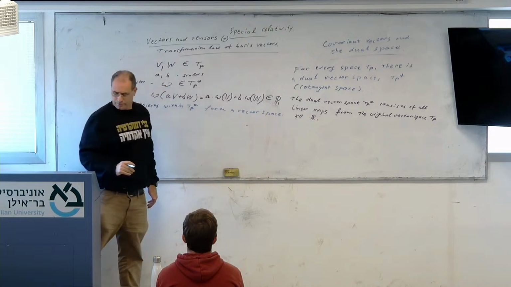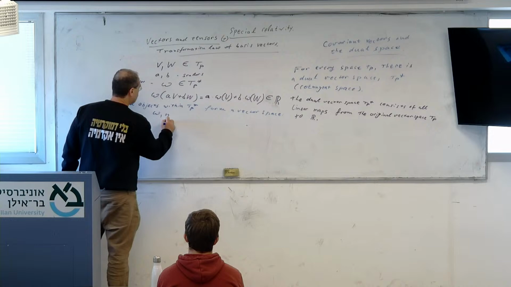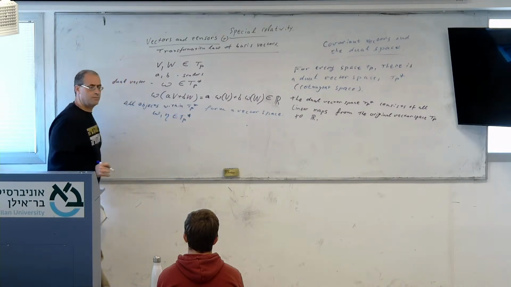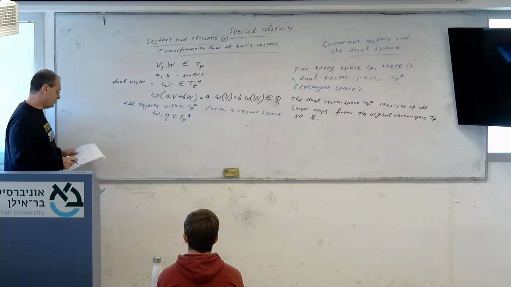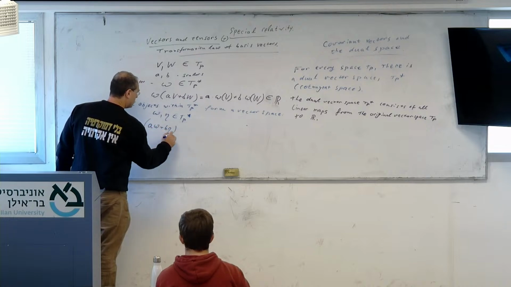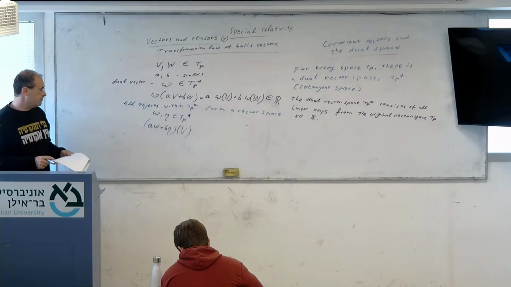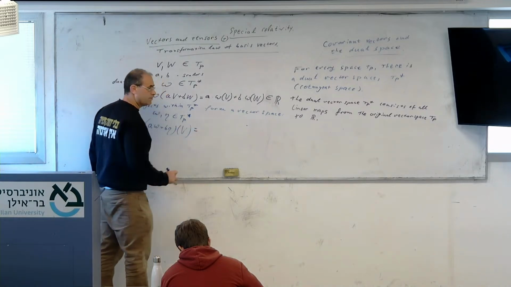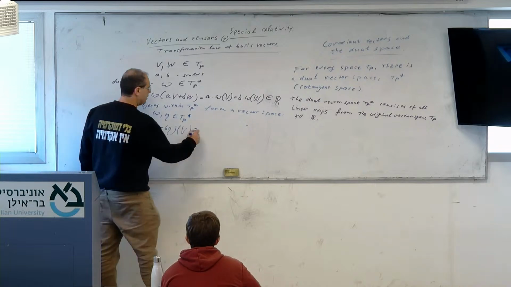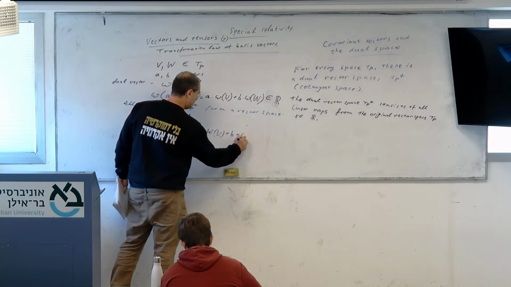Namely, if omega and eta belong to TP star, that means that A omega plus B eta operating on V is equal to what? A omega operating on V plus B eta operating on V.